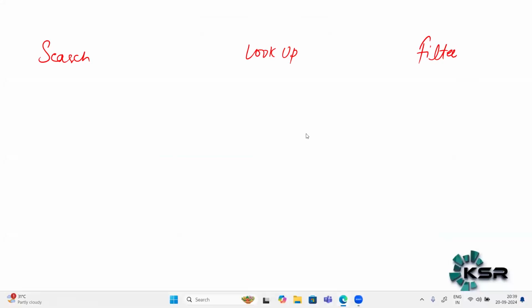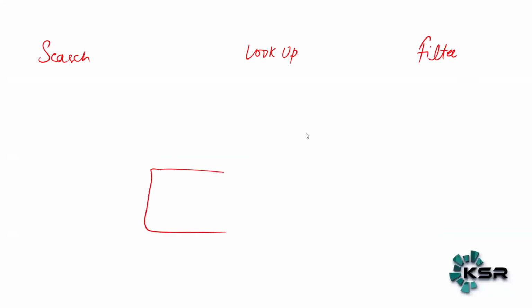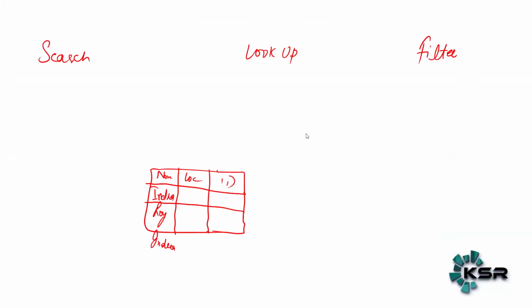Suppose this is the table that you have. Here we have name, location, ID. Name is Indra, Indra, and Vivek. These are the 4 rows which are there in the table.